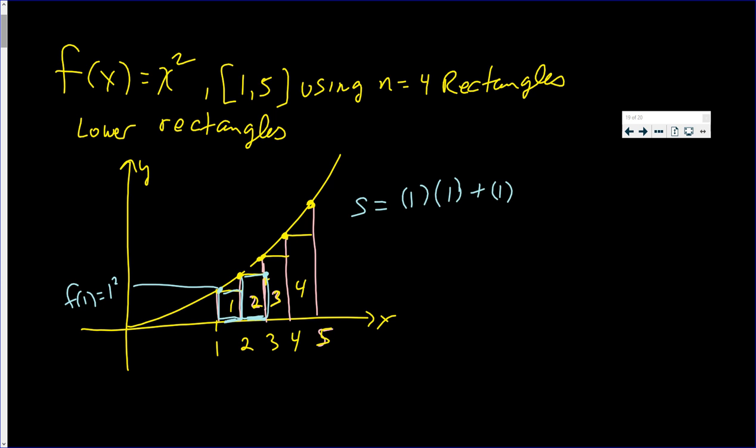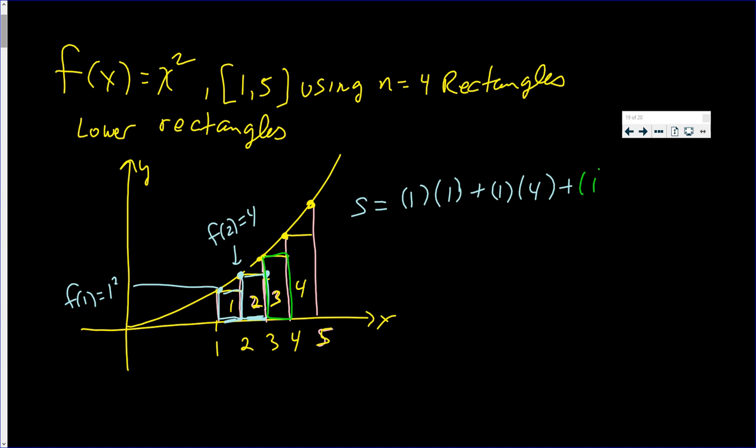It's that height, but I don't really know what that height is, but I can figure it out. That height is f of 2, which is 4. And then we go to the third rectangle, which will be this rectangle right here.